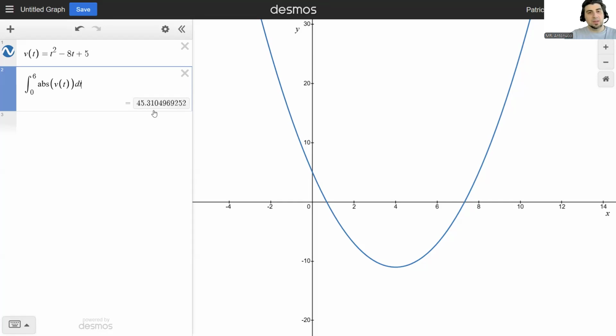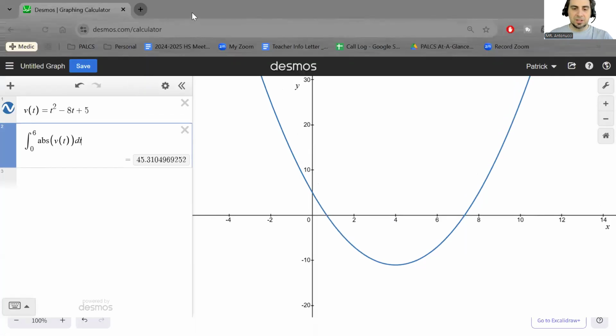Now make sure on the AP exam that you're going out at least 3 decimal places of accuracy, and you're going to round to 3 decimal places or just chop it off. Either one is fine. For this one, however, you could write 45.31 because the 3rd decimal place of accuracy is 0, so it doesn't matter whether you put 0.310 or 0.31 for that one.